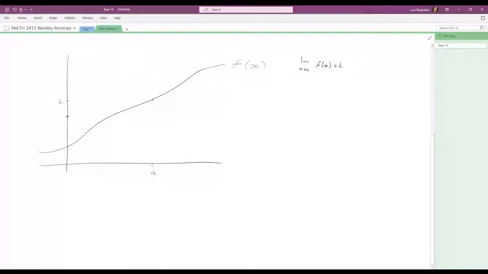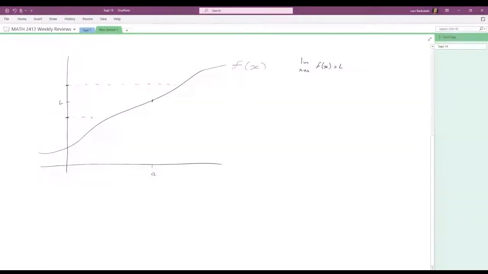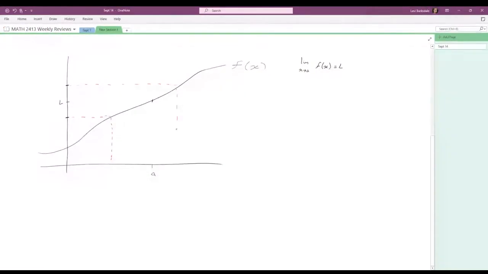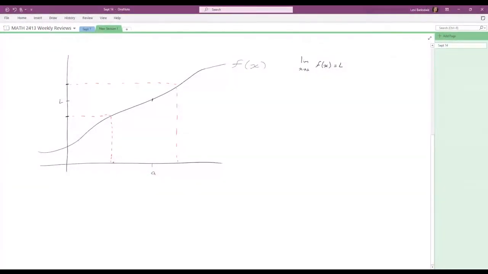Well then, if I tell you any range around the y value, I want you to be able to give me a range around the x value so that whenever I tell you this y value range, you should be able to give me an x value range that will give me y values within my y value range. So it's almost like a 3-step game.